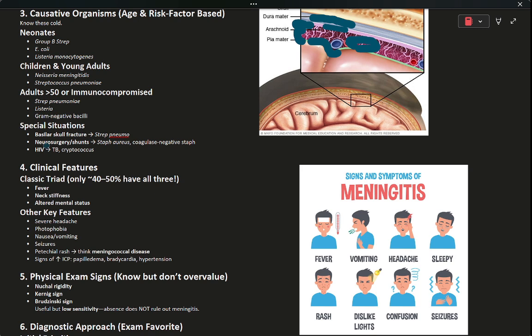Also, if there's a neurosurgical operation or shunts created, this can lead to infection by Staphylococcus aureus and coagulase-negative Staphylococcus, which can also lead to meningitis. That is why prophylactic antibiotics are important in surgeries in general.